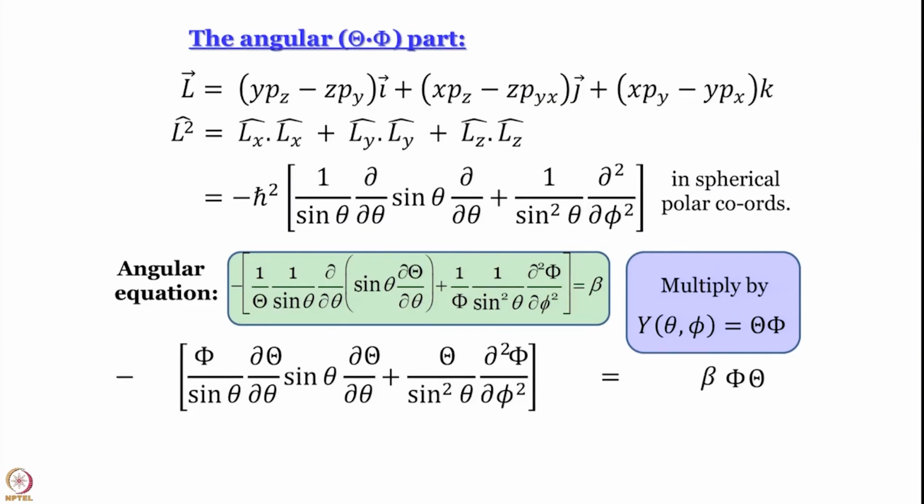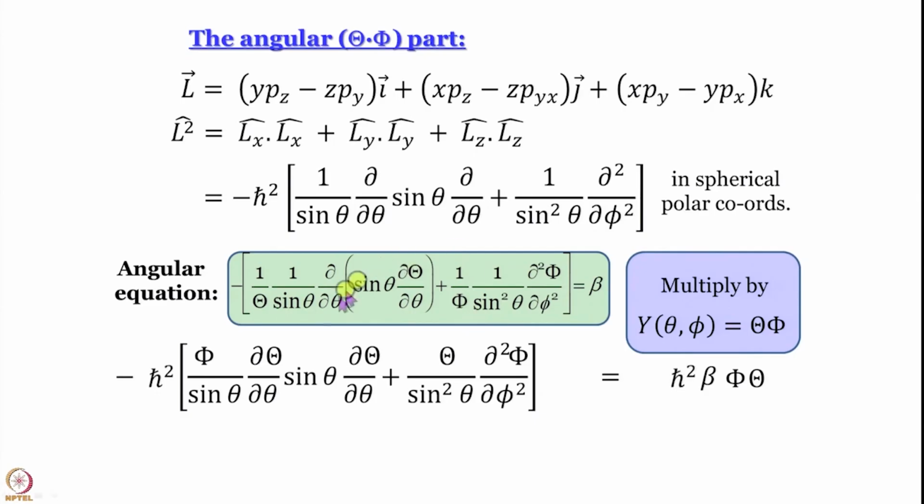First of all, we will just multiply by capital theta capital phi. So, what will happen? This capital theta will cancel and you get capital phi in the numerator. Here this capital phi will get cancelled and you get capital theta in the numerator. Now, let us multiply by h cross square.